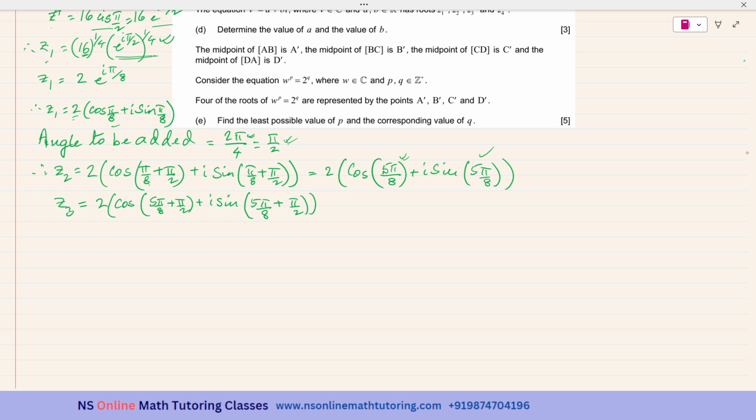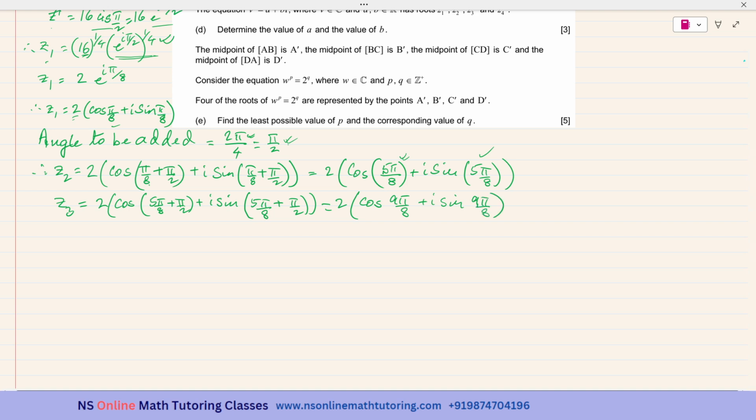And pi over 2 is 4 pi over 8. So 5 plus 4 is 9. Okay, so 2 cos 9 pi over 8 plus i sine 9 pi over 8.